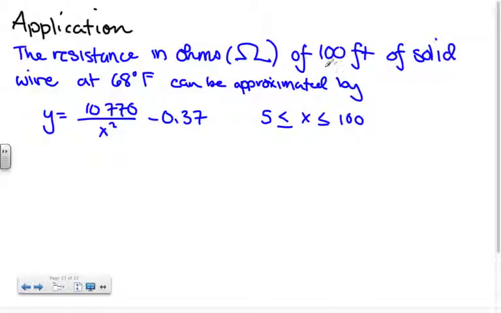It says where x is the diameter of the wires in mils. This is called thousandths of an inch.